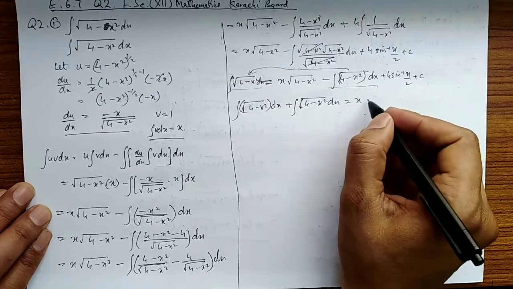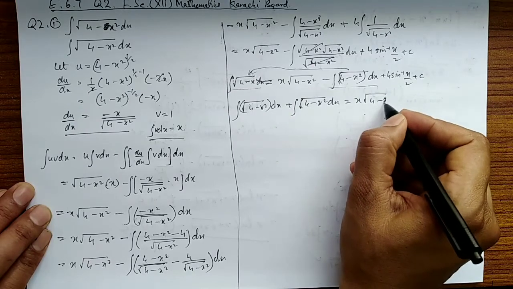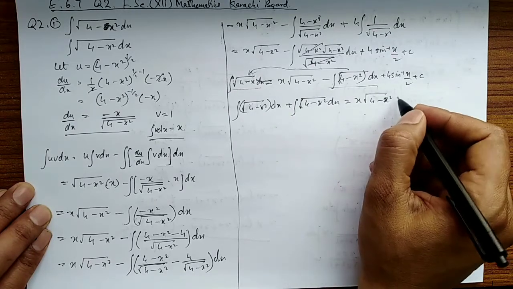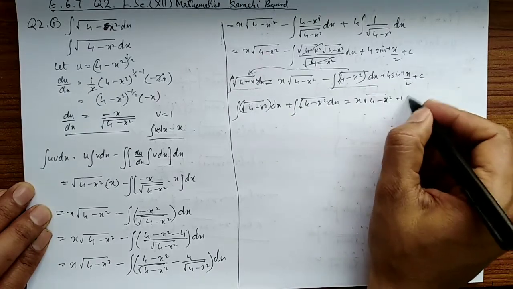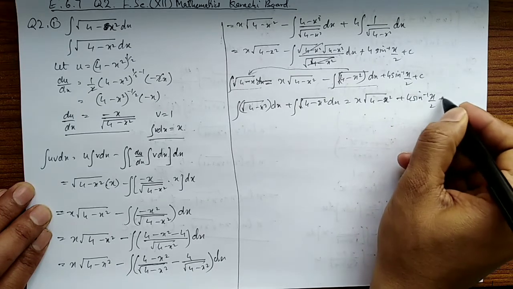So on the right hand side we are left with x into root of 4 minus x square and plus 4 sine inverse x upon 2 plus c.